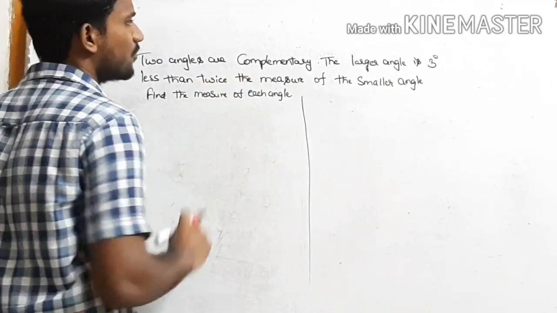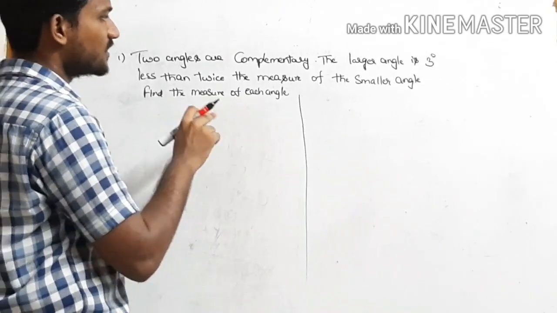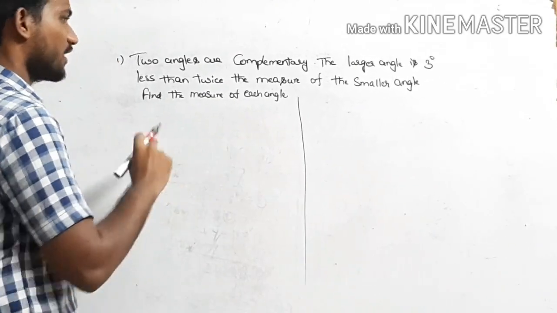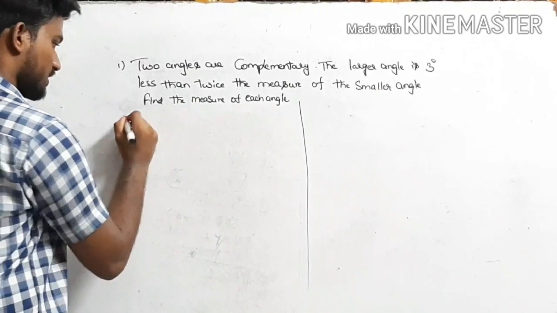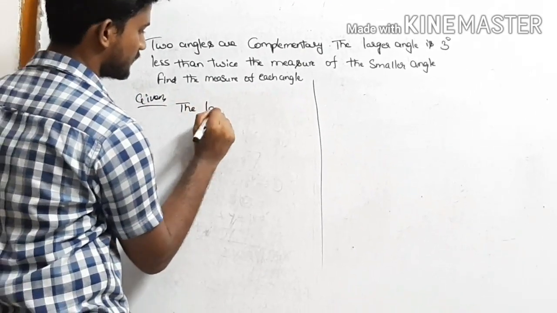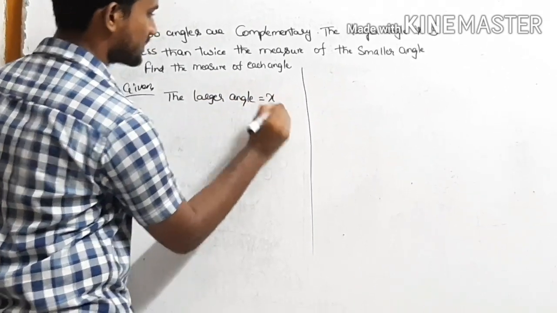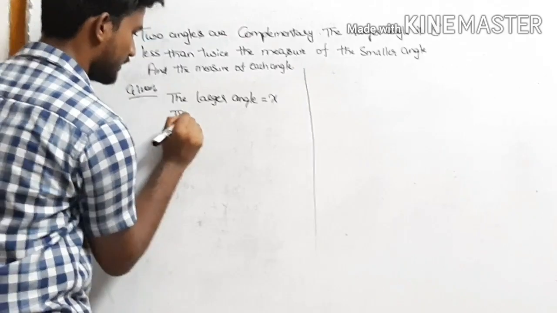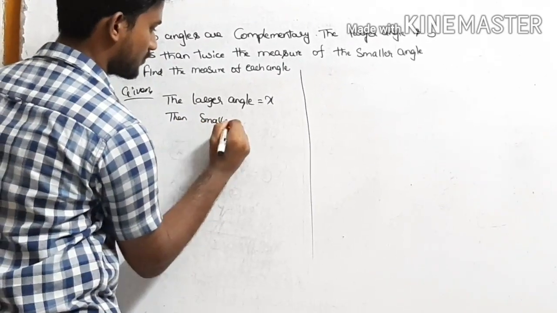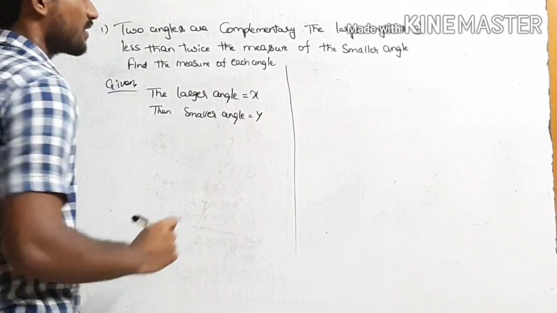Two angles are complementary. The larger angle is 3 degrees less than twice the measure of the smaller angle. Find the measure of each angle. First take the given: the larger angle equals x and the smaller angle equals y.